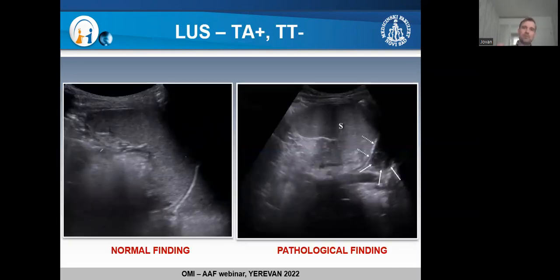But there is another thing why transabdominal approach is important. Again, so this is a normal finding, normal supradiaphragmatic projection of liver within the left lung base. And this is what we saw in one patient.